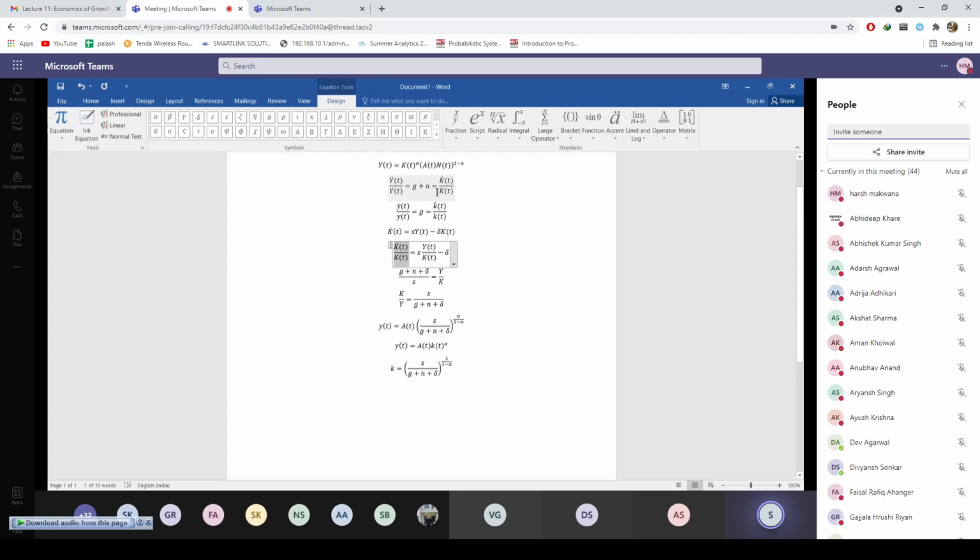Okay, so now gradually we are all set to move to the other topic. If you can remember the way we started our economics of growth lecture, the main question people ask is why some countries are rich and some countries are poor, why there is a significant difference in per capita income among different countries.